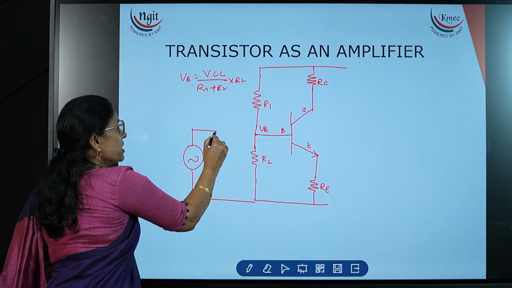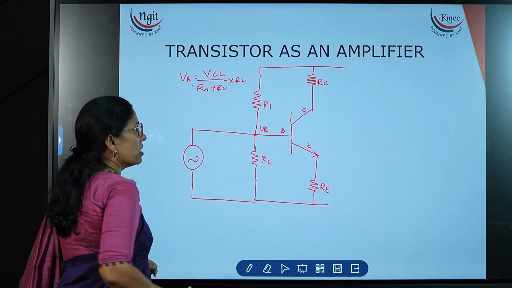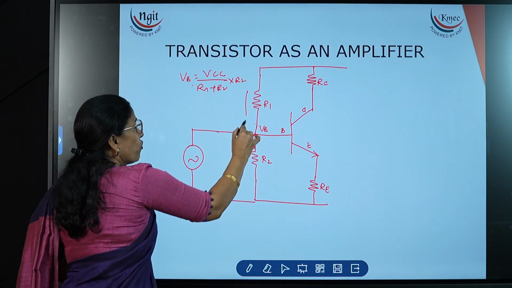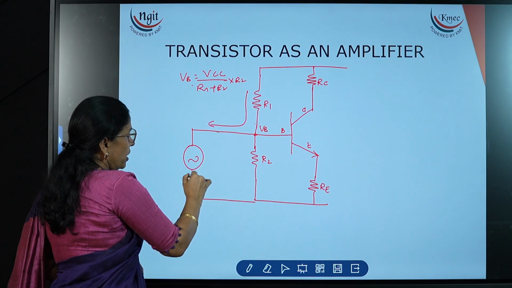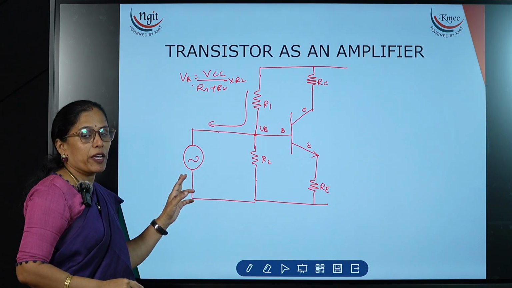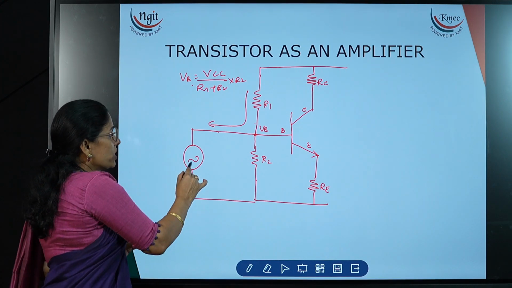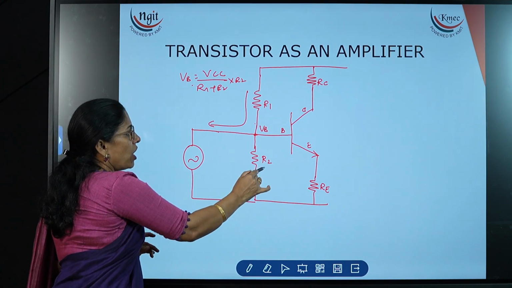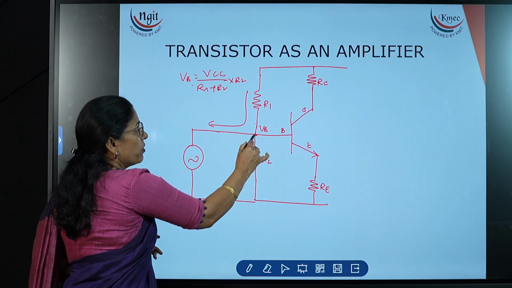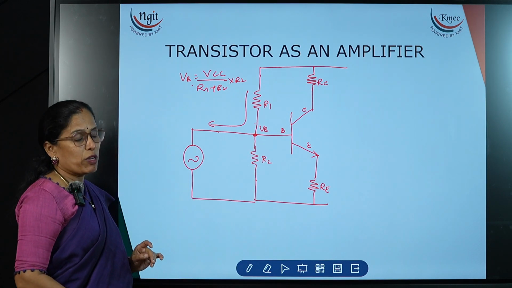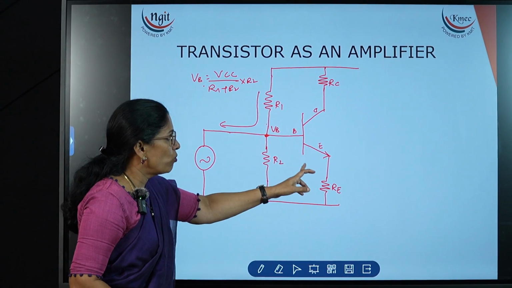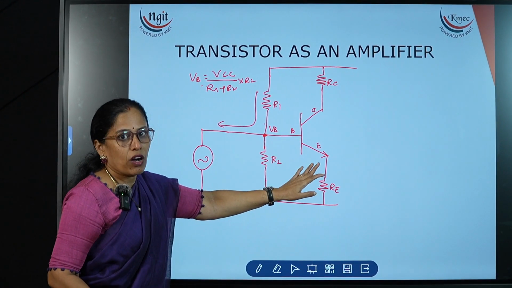Now when I connect this supply directly to this junction, the DC current flows in this direction, and the internal resistor in this supply will drop some voltage. Also this resistor comes in parallel with R2, and we no longer maintain this VB. Thereby, with the biasing, we can no longer keep this junction on.